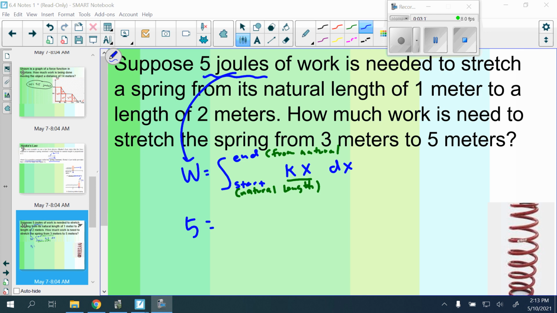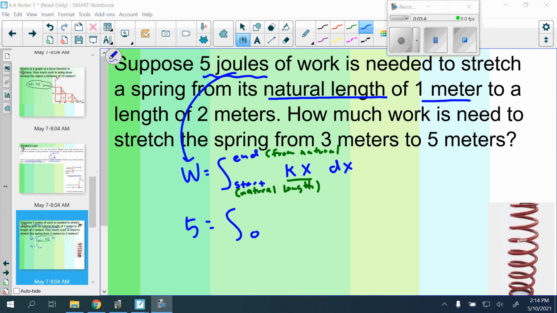In our next part here, what are the limits on this one? Well, this said 5 joules is needed to stretch from natural length, so that would be at 0. So natural length, even though it's 1 meter, is considered 0. So what we got to figure out is how far did that actually get stretched?